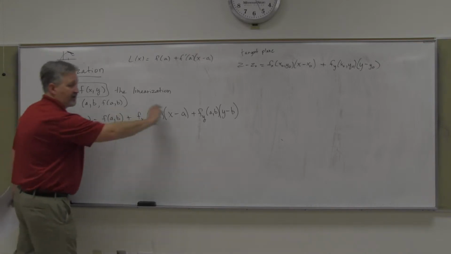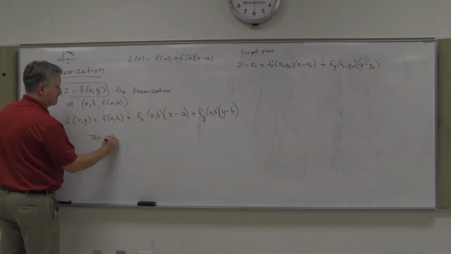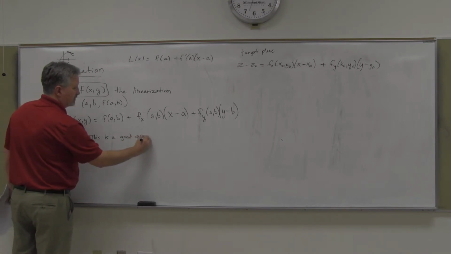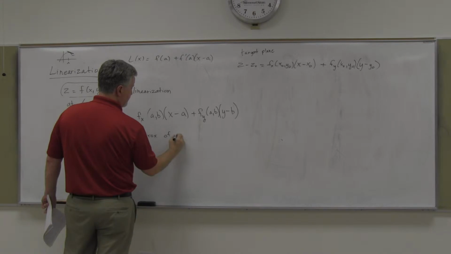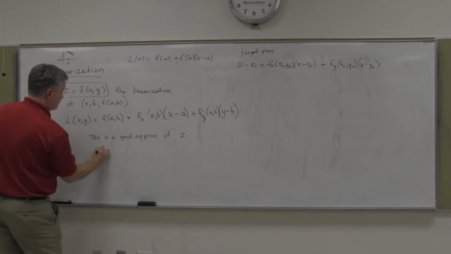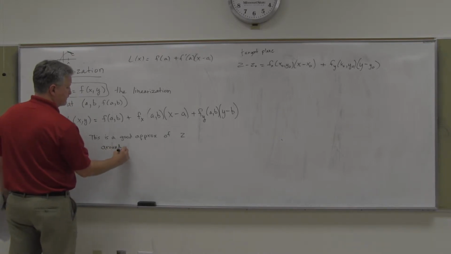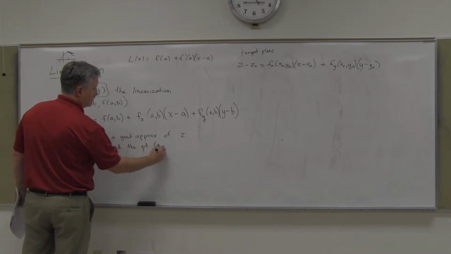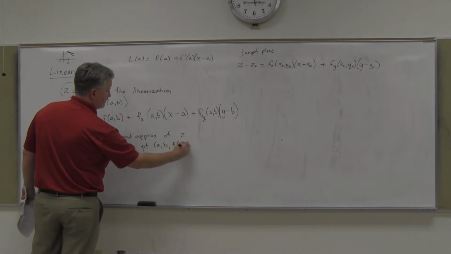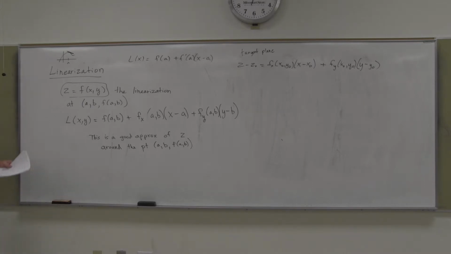This gives me a good approximation of your function values, z values, around this A, B point. So it's the linear approximation or tangent plane approximation.